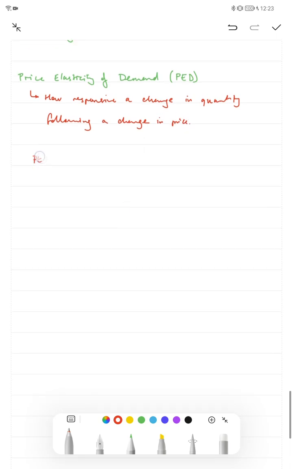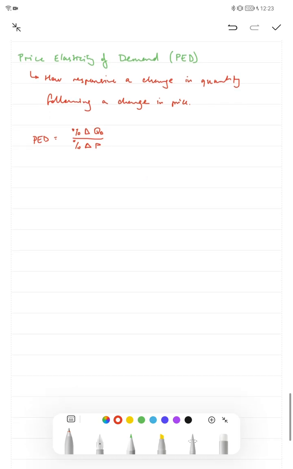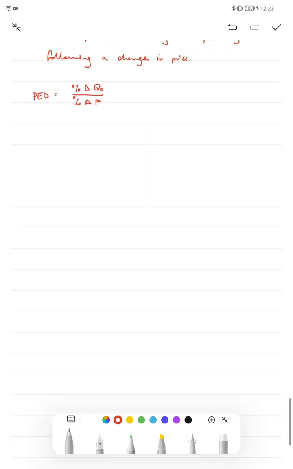So we can say PED is equal to the percentage change in quantity demanded over the percentage change in price. And this will give you very different types of demand curves.